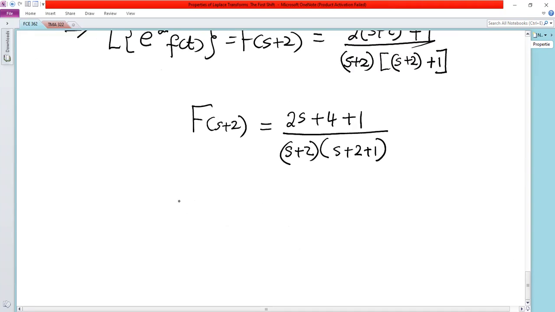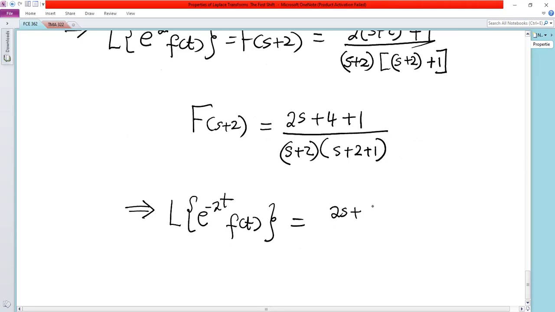On simplification, this implies Laplace transform of e raised power minus 2t f of t will be given by 2s plus 5 divided by s plus 2 into s plus 3. So that is the result for that first part.